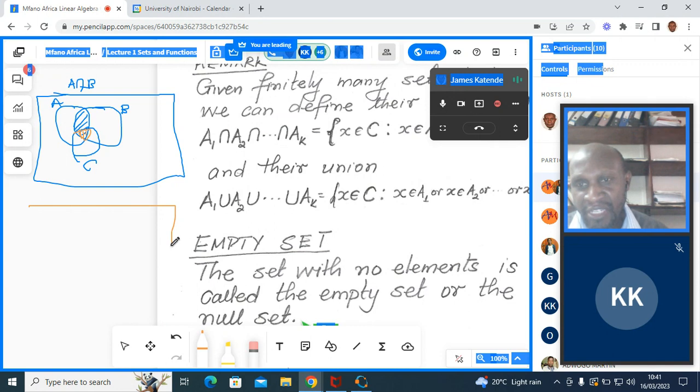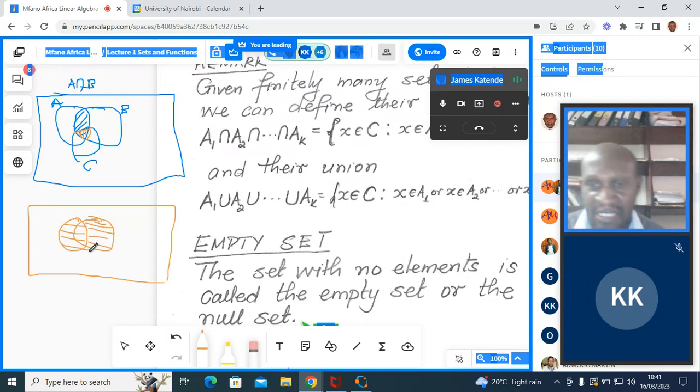What about the union? The union, if you have two sets, then the union of the sets is just you put everything together. All this and all that will make up the union. So the elements that belong to at least one of the two sets.